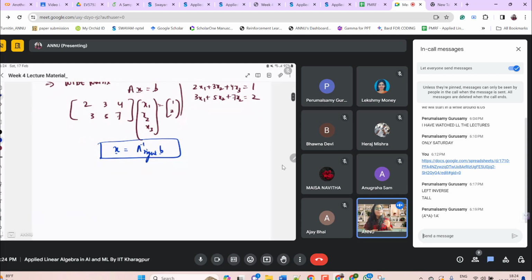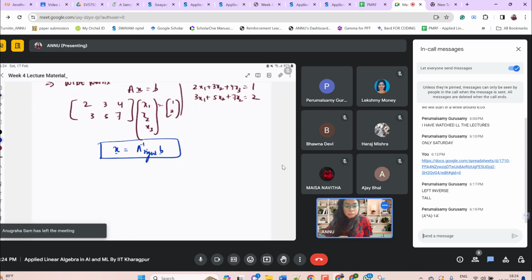I'll tell why right and why left in that case. First, what is the formula for the right inverse? No one knows?